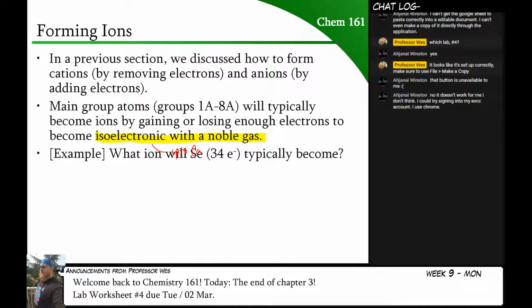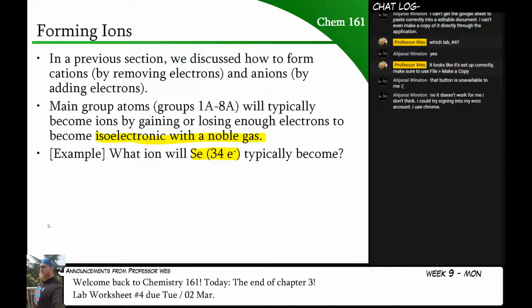Now, I'm immediately giving you an example that isn't up to calcium, but it does work with selenium, and we'll see why in a second. Looking at selenium here, selenium has 34 electrons. I want to find the nearest noble gas to selenium. If selenium's element 34, and the noble gases are all those elements in column 8A, the nearest noble gas would be krypton, which is 36.